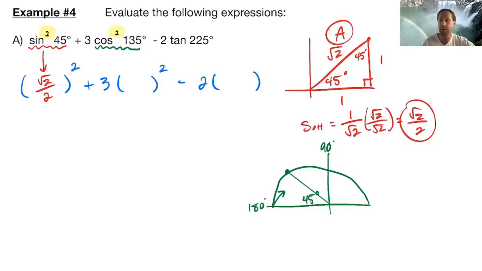Now, before I do anything else, I'm going to make sure I take care of my signs. You would have been lucky if you didn't for this one, but because we're dealing with cosine, I know it's going to be negative. And I mean lucky because we're going to be squaring it, so that negative is going to be lost anyways. When we square a negative, we know we get a positive. But again, you've got to be careful and make sure you look for these things.